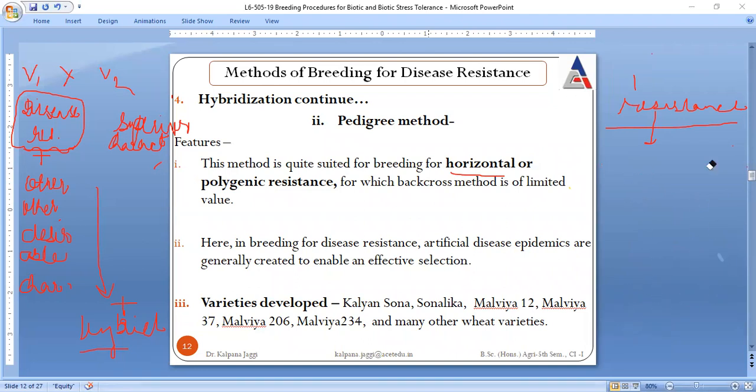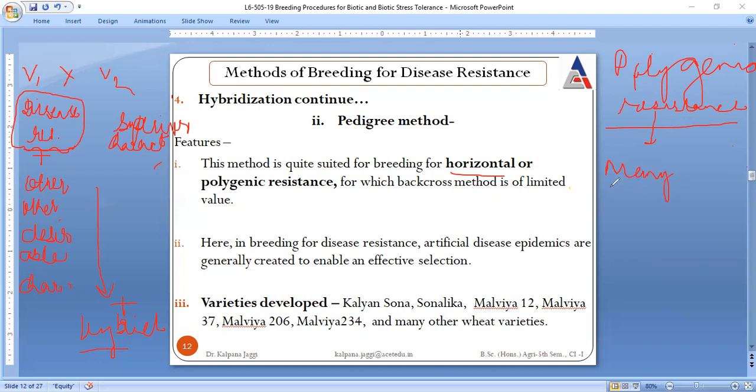Polygenic, the name itself indicates, poly means many. That means in polygenic resistance, plants operate through many mechanisms.